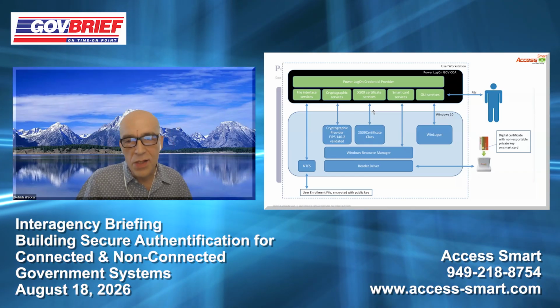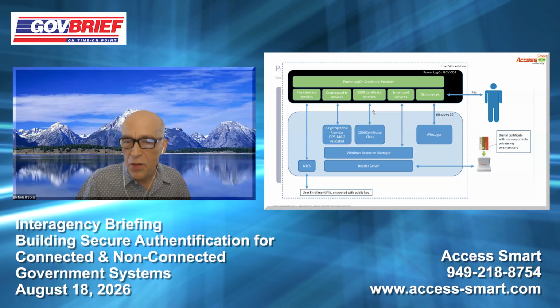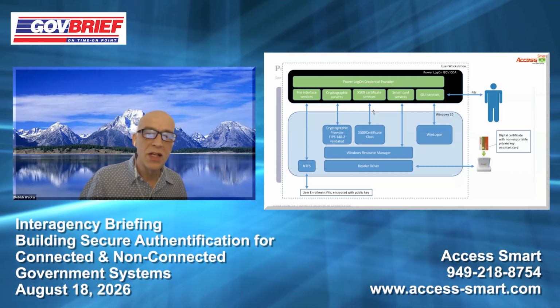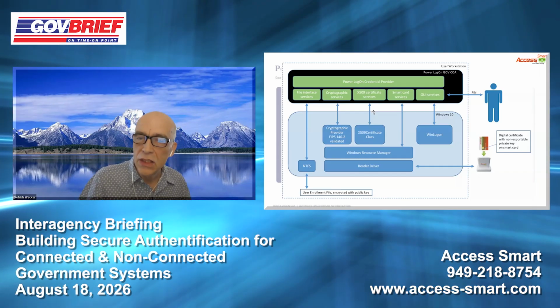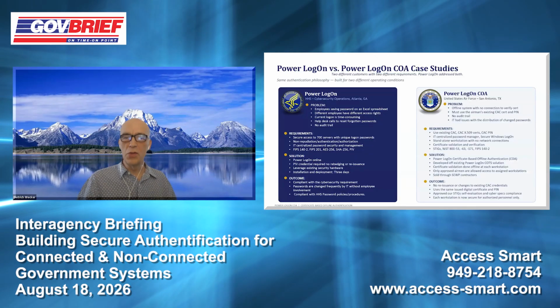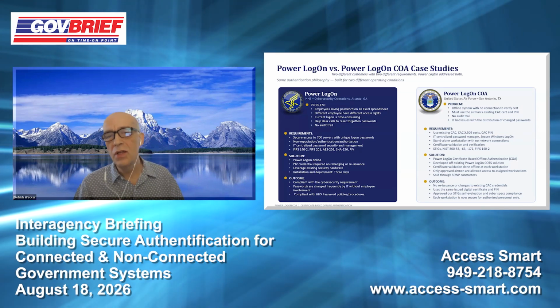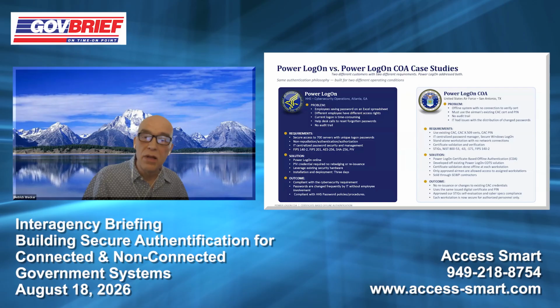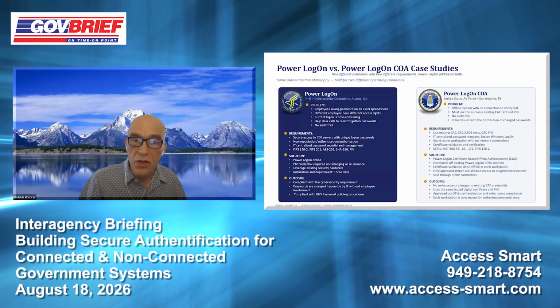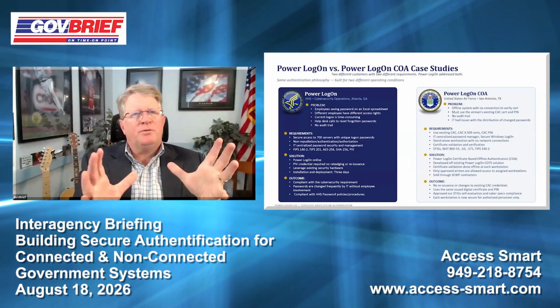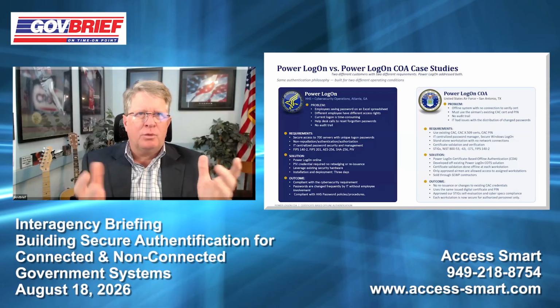That's in essence what it does. It's quite unique. I don't think many products like PowerLogon can do that. And the nice thing is we now have both worlds: the connected or network world, and the totally isolated or air-gapped world, and we can do both. Most folks are familiar with the connected world.